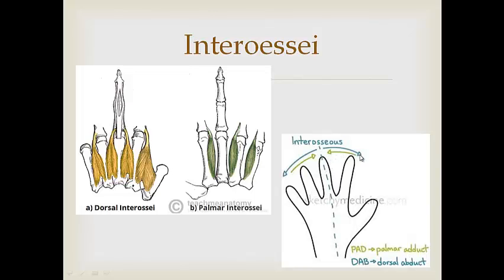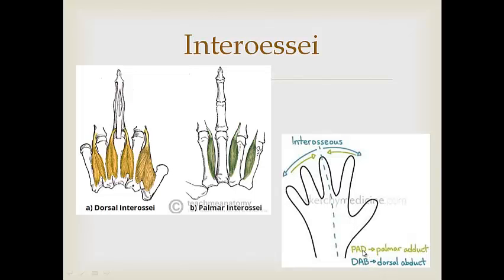And if they're moving away from it, we're going to call it abduction, okay? Now, to move the fingers towards the middle one, so adduction with a double D, that is a function of the palmar interossei. So the palmar interossei bring the other three fingers closer to the midline, whereas the dorsal interossei are responsible for abduction, so basically moving the fingers away from each other, okay?